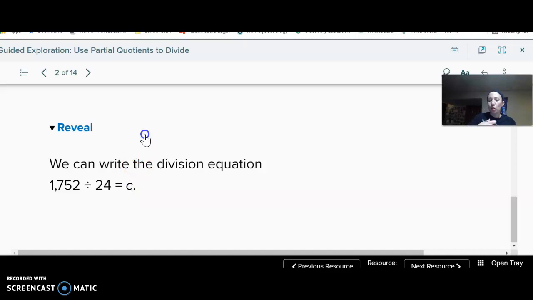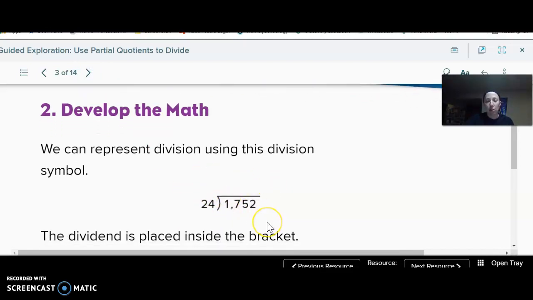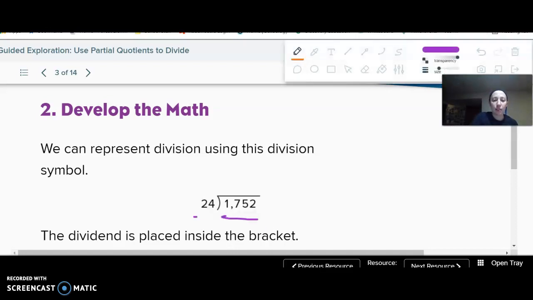And then I'm going to show you how to write it in what I call a house. You might have seen it before, but this symbol represents division. So go ahead, write that on your paper so you can see that the order switches. We still have 1,752 divided by 24, but what we are splitting up goes on the inside.